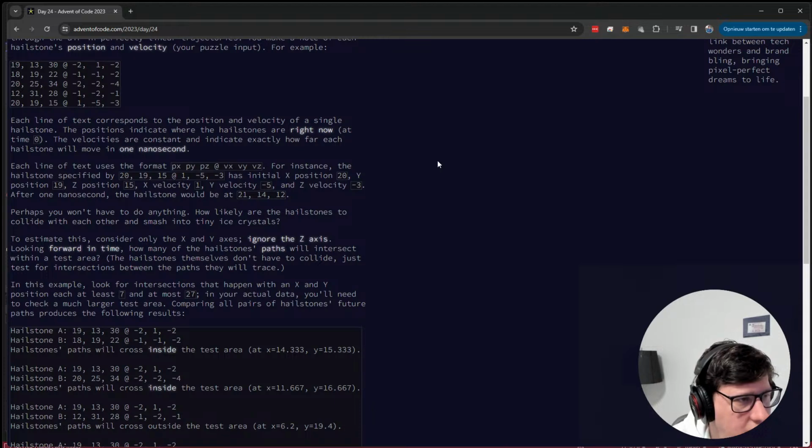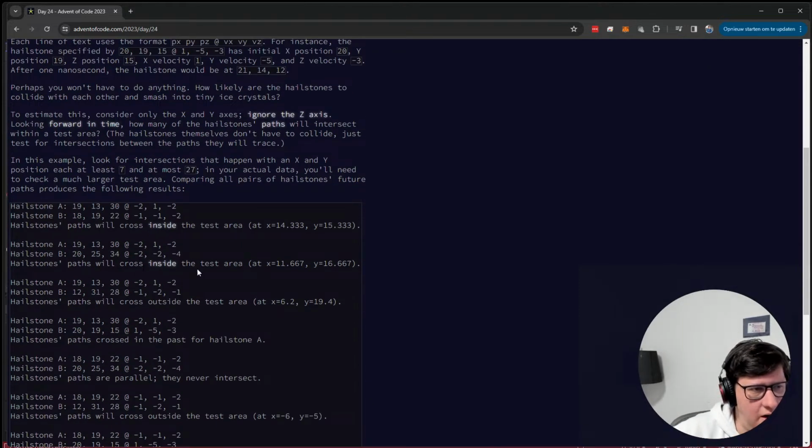To estimate this, consider only the x and y axis. Ignore the z axis, looking forward in time. How many of the hailstone paths will intersect within the test area? Intersection that will happen with X and Y position at least 7 and at most 27 in your actual data.